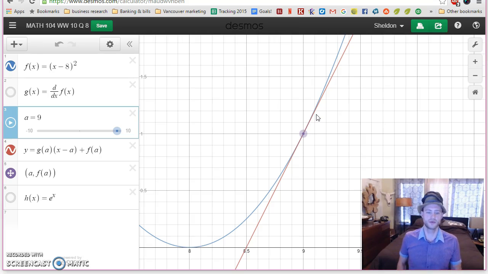If you did slope times 1, that would just be rise over run, and that would bring you to 10 here and then up there on the red graph. So if you go only a delta x, you're only going a delta x portion of the slope. That brings you up to the red line. Make sure you understand that f prime at 9 times delta x forces you to stay on the red line no matter what. That's what that second one is talking about.